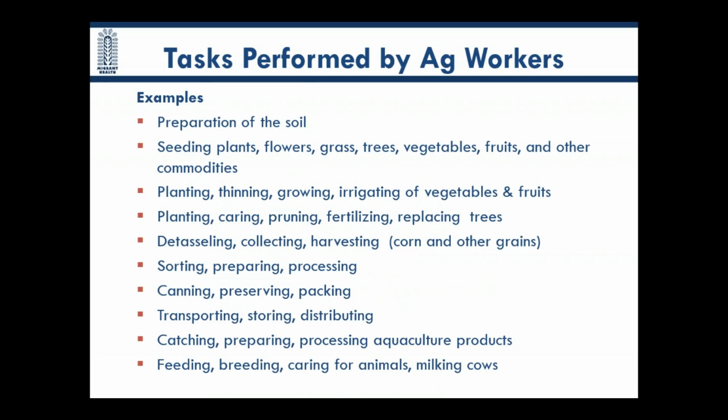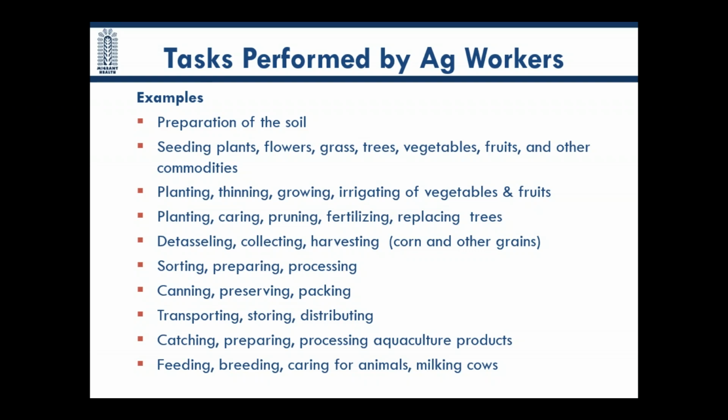And then the tasks performed by ag workers include preparation of soil, planting, detasseling, sorting, canning, feeding, all those things that are listed here. It's important to be aware of tasks that ag workers are doing because they may not always self-identify as ag workers when they come into your health center. They may describe themselves by the work they do, like they may say they pick apples.